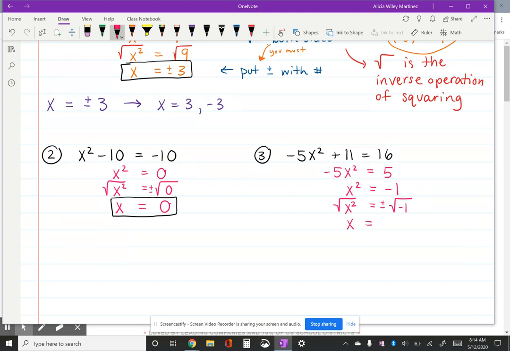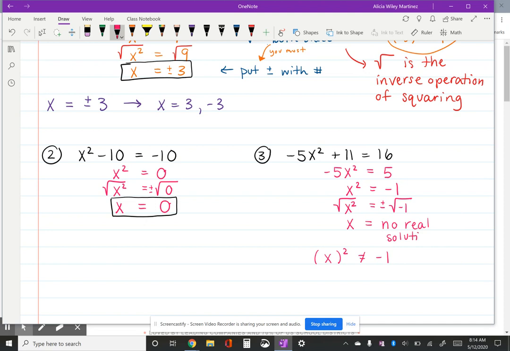Now, if we think about what number could we multiply to itself to get -1, well, there's actually no value of x that if you square it, that you're going to get -1. That's not going to happen. So for this problem here, this would be where you would get no solutions. And I'm going to write it a little bit more specific and say no real solutions.